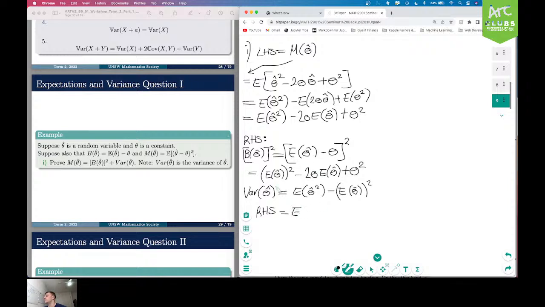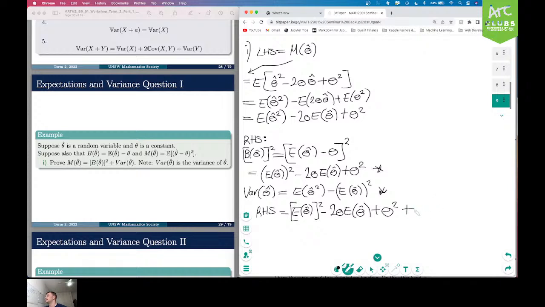So that's going to be nothing but this line over here. So E of theta hat all squared minus 2 theta E of theta hat plus theta squared, just rewriting that line over here. And then what we have to do is plus the variance.